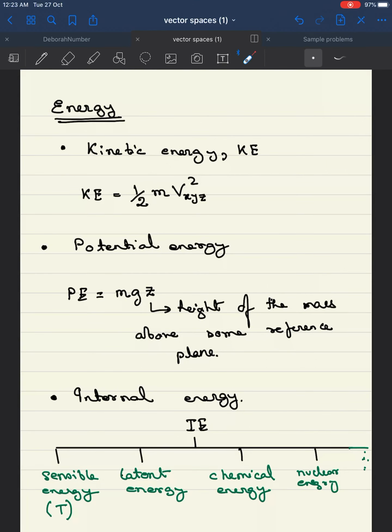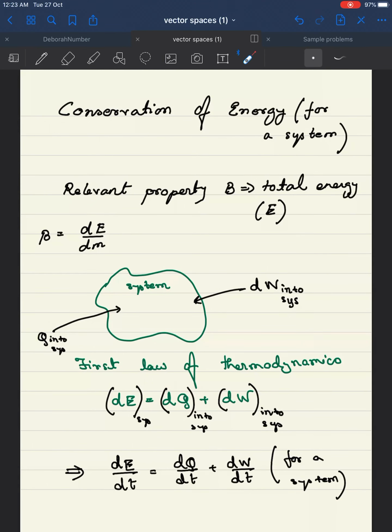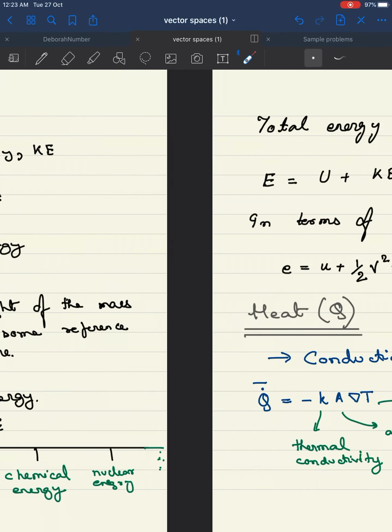Then we said, okay, we just want to understand what dq means, and we saw that there are these three different mechanisms of heat transfer that are going to take place. You are going to add up all three together to get the total heat transfer into the system. And similarly, there are many different types of work that can be done on the system, and you're going to add all of them properly and make sure that you calculate the net work into the system. Okay.